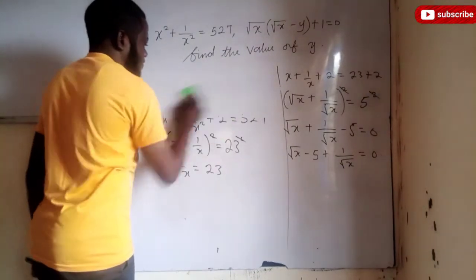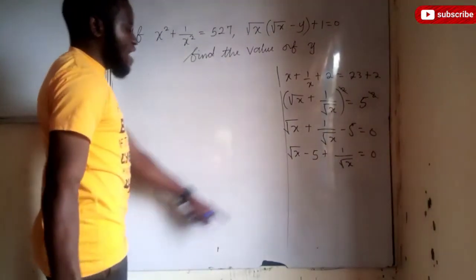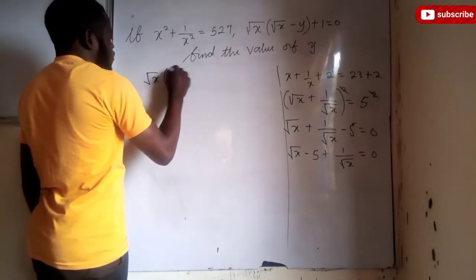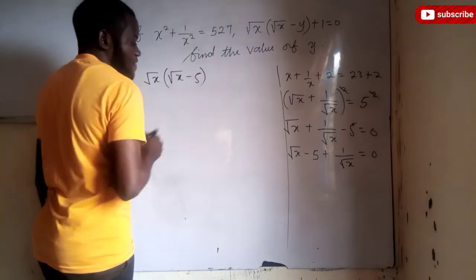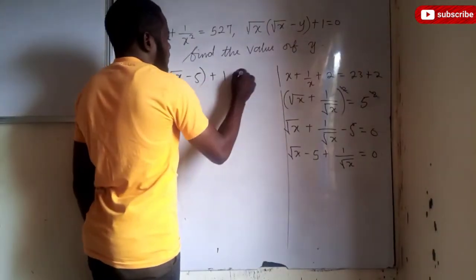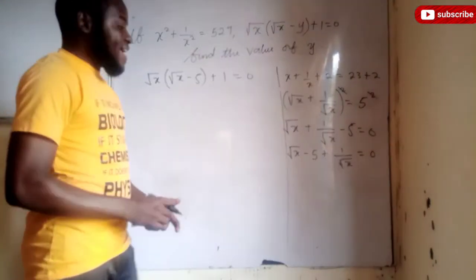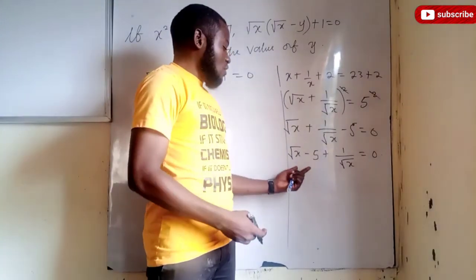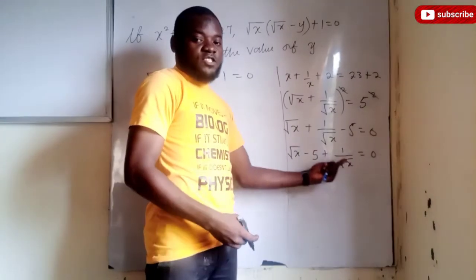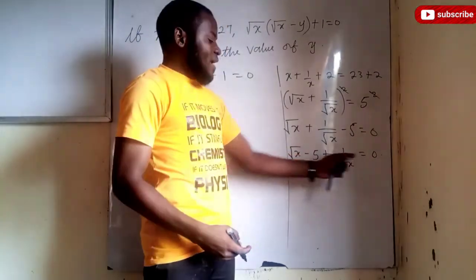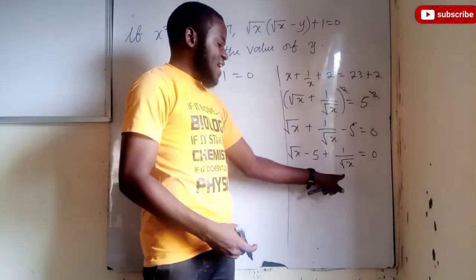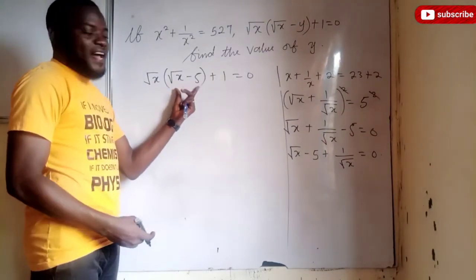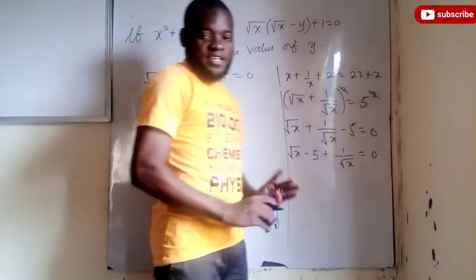Hence, I can have this to be the square root of x into the square root of x minus 5, then plus 1 equal 0. I multiplied through by the LCM of 1 and square root of x. The LCM of 1 and square root of x is square root of x. So multiplying through by that makes the square root of x cancel there. Square root of x will multiply these two, and that's why you're seeing it in the bracket. And square root of x times 0 is 0.